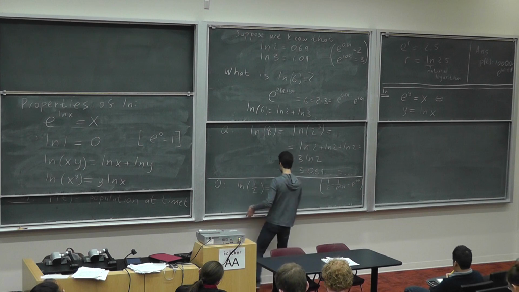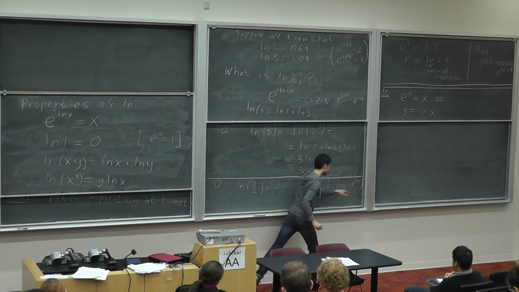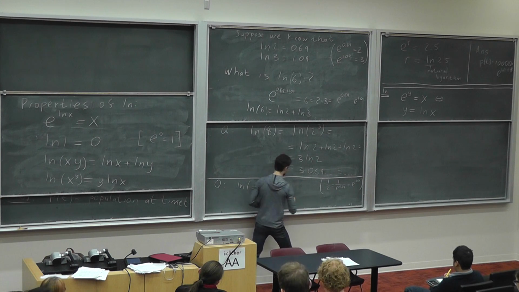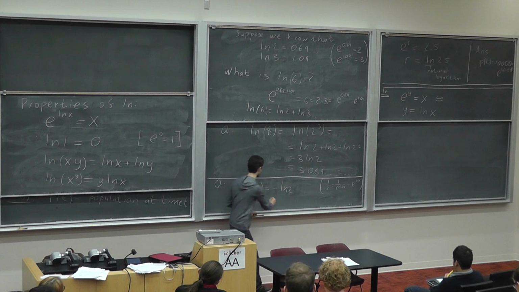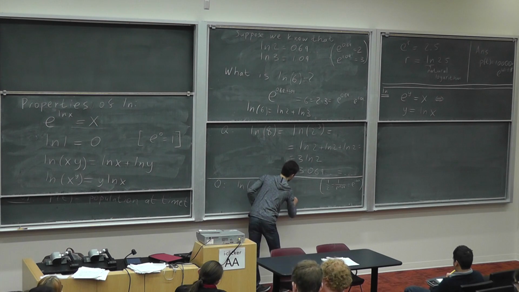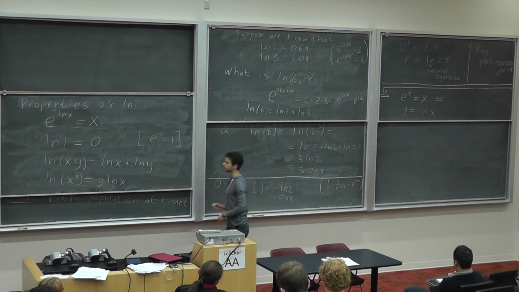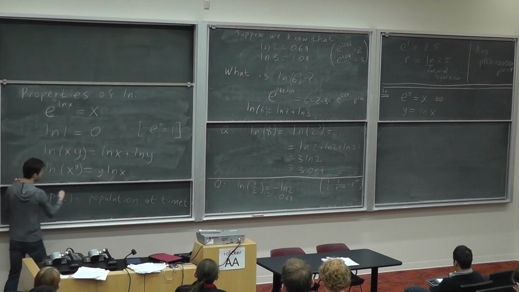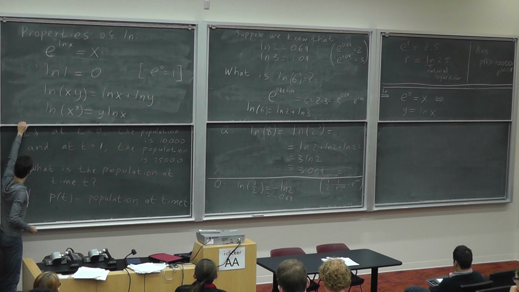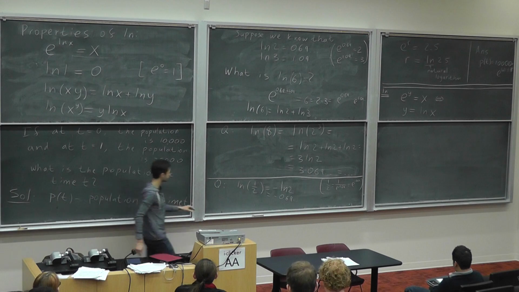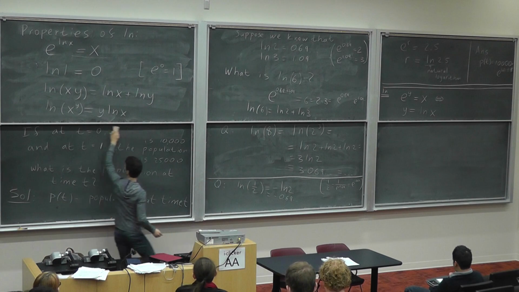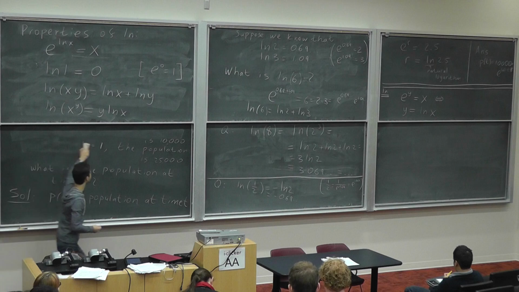So this thing is just minus whatever the logarithm of 2 is, or minus 0.69 something. And the general property will be the logarithm of 1 over x is just minus the logarithm of x.